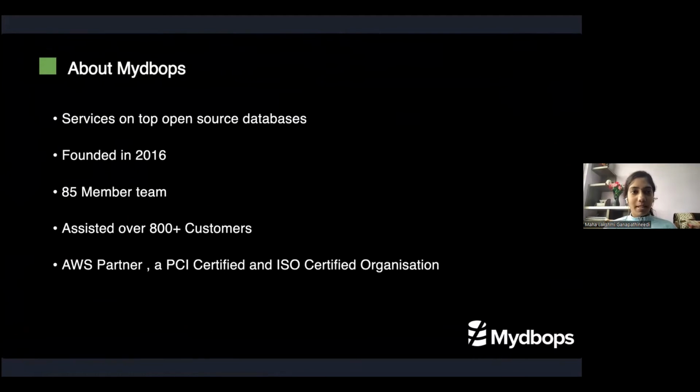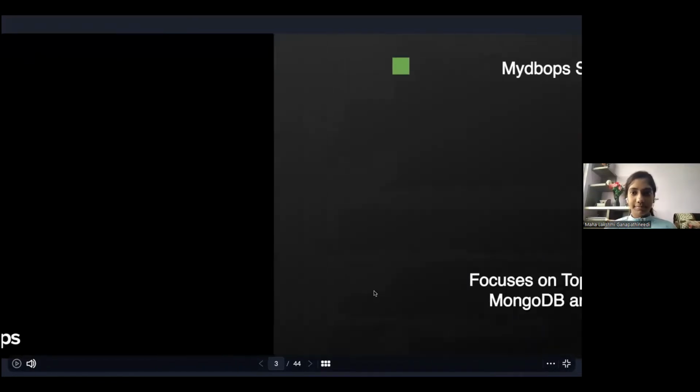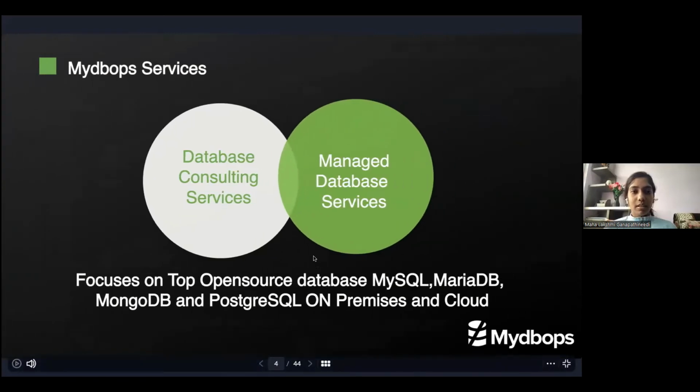About our company, Mydbops, we provide services on top of open source databases. We were founded in 2016 and we are an 85-member team. We have assisted over 800 customers, and we are an AWS partner, a PCI certified and ISO certified organization. What services do we at Mydbops provide?